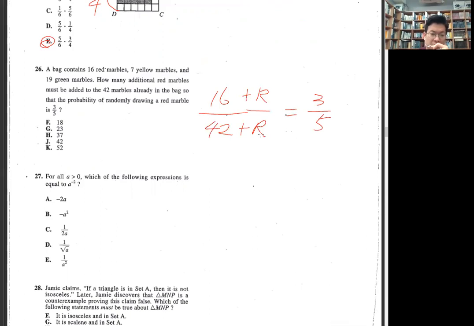Cross multiplication, which is 80 plus 5r equals 126 plus 3r. So 2r equals 46. r is 23.